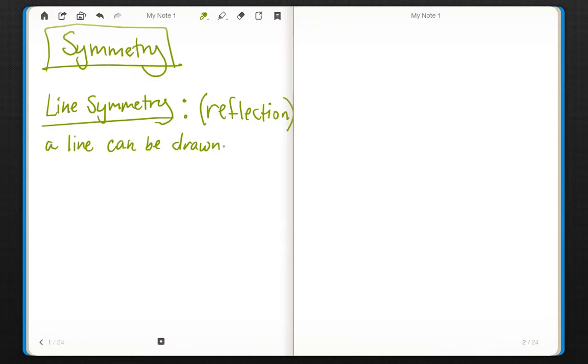And with line symmetry, a line can be drawn where you could fold the image, and both halves would match exactly.